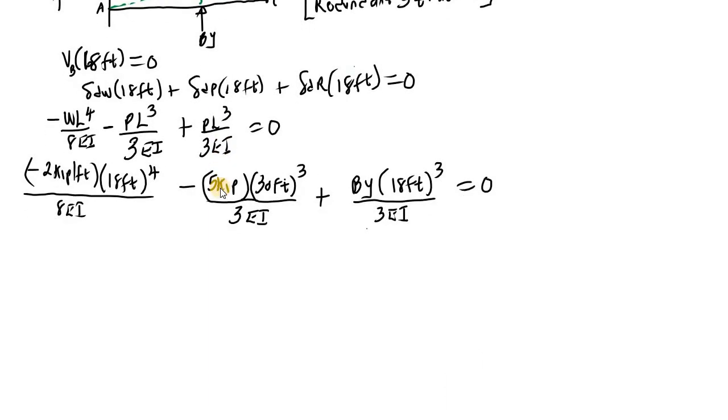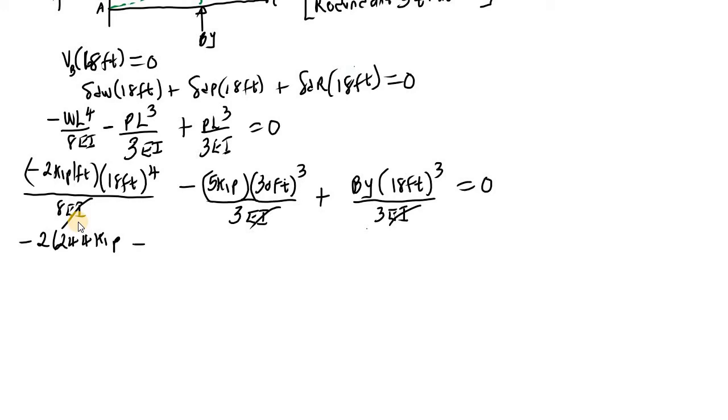If we use our calculator, negative 2 kip per foot multiplied by 18 feet raised to the power of 4, divided by 8EI. What you need to know is that EI is going to cancel out because these values are constant. If we solve for this, the first value we get is negative 26244 kip, for the distributed load.